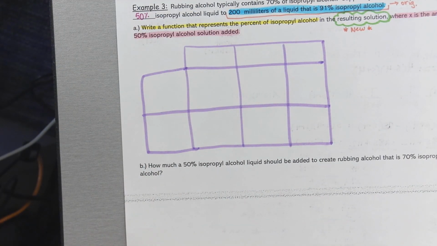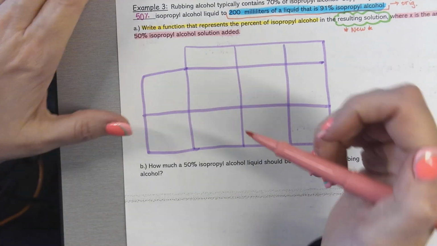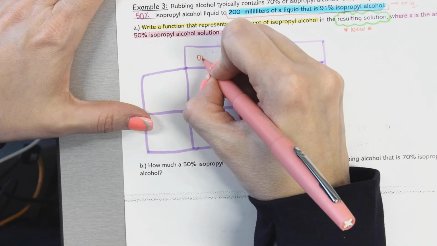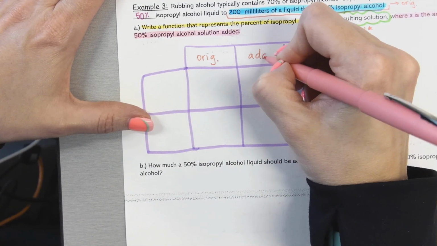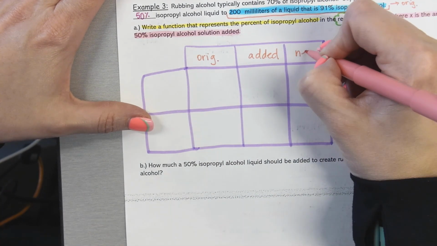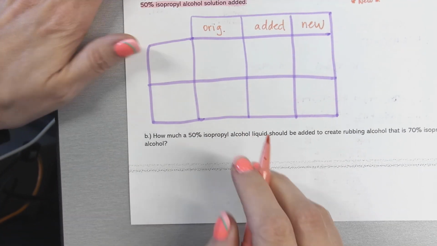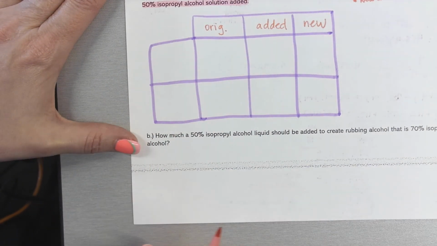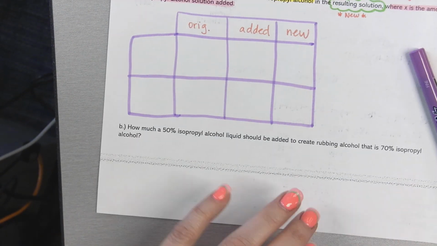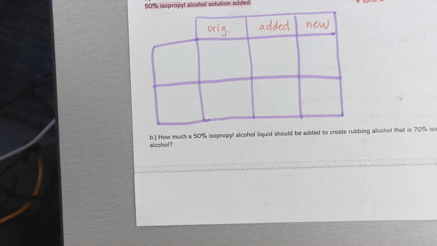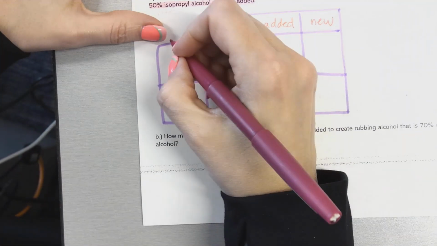Oh, alright, so in our table, we're gonna label these columns original, added, and new. I started with a rectangle, and I added these squares on. Alright, and then our first row, just trust the process.